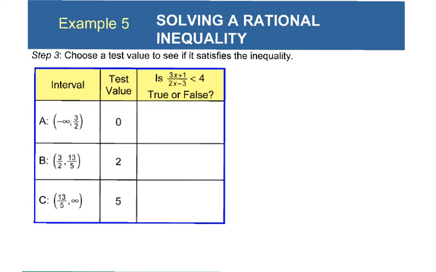Okay, so testing these values, make sure your test values are in your interval or you're going to end up with some wrong answers. If you don't know how to tell what test values are included in an interval, make sure you come ask me and I can maybe explain it a little bit further for you, okay? Okay, so plugging in 0 for our first interval into all of our x values, let's see what we get.